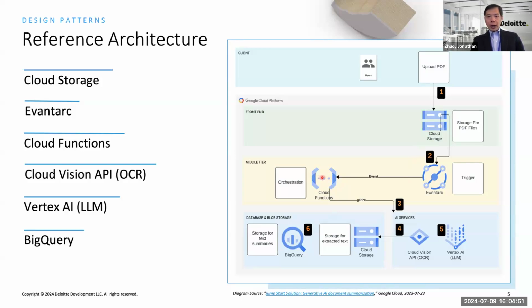Cloud Vision AI extracts the text from the PDF documents using optical character recognition, which is also called OCR.